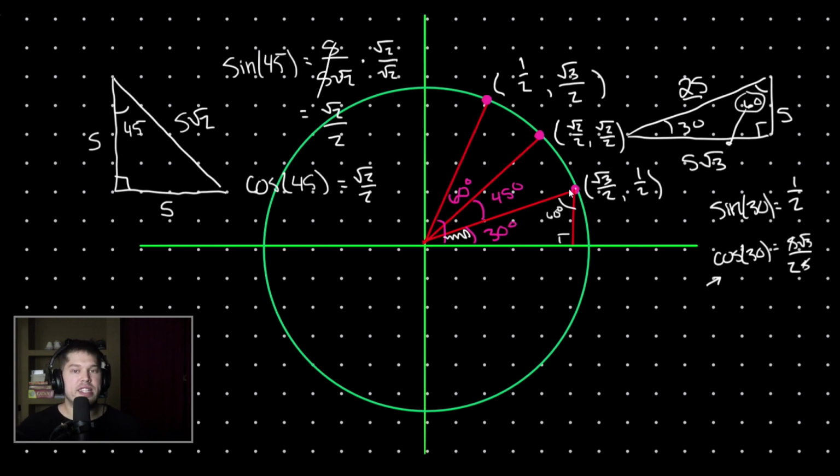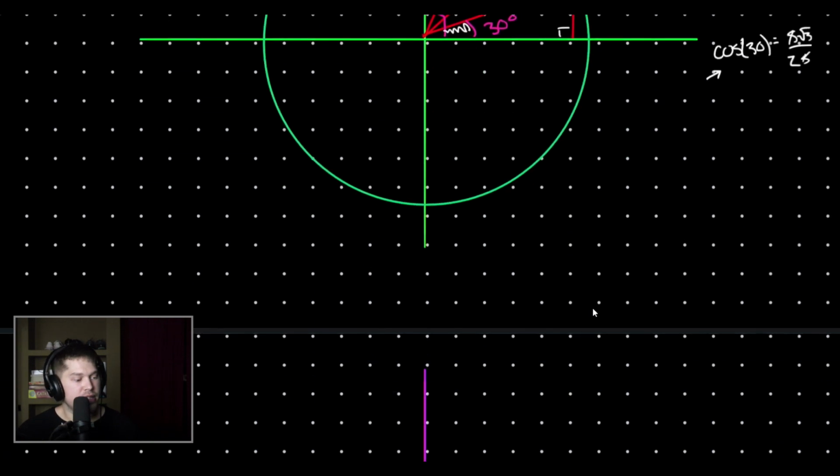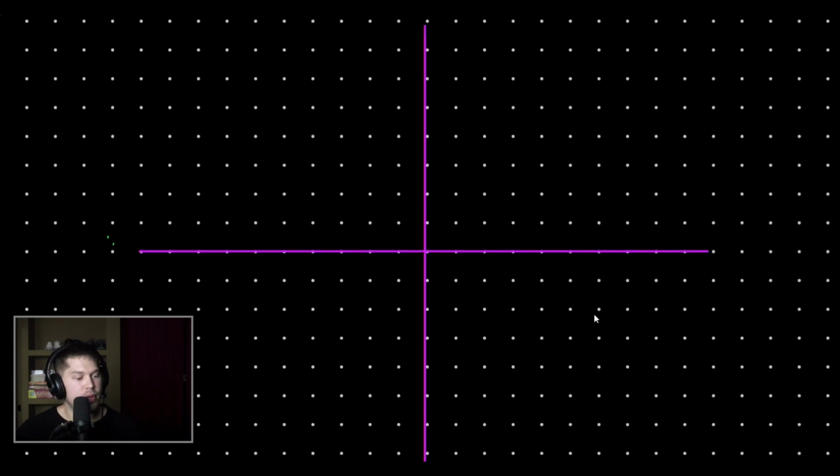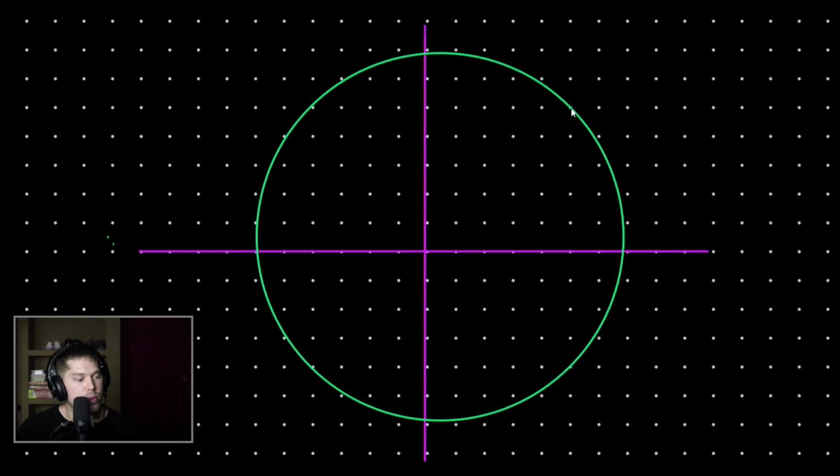Let's continue this thought. So far, we've just been focusing in quadrant 1 of our unit circle. Here, let's get a new unit circle going. If you're unfamiliar, the quadrants of our coordinate system go counterclockwise this way. Quadrant 1, quadrant 2, quadrant 3, and quadrant 4.